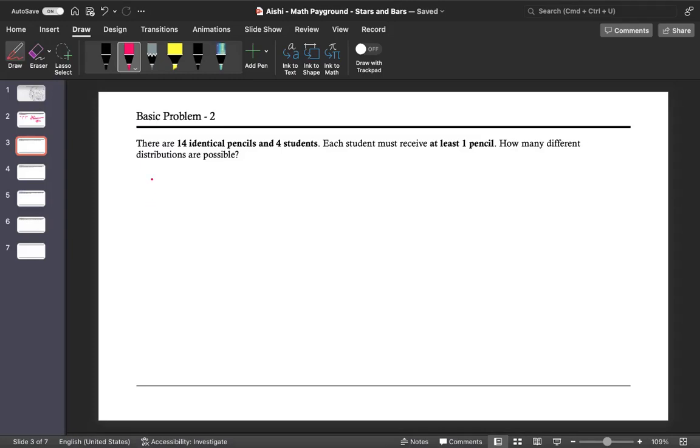Okay, so let's do the number of bars first. So our number of bars will be 3, because child 1, child 2, child 3, and child 4. So 1, 2, and 3 bars. And now stars.